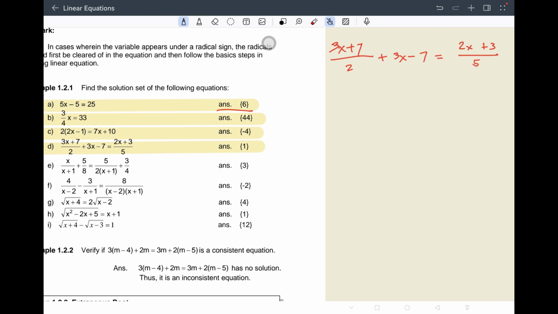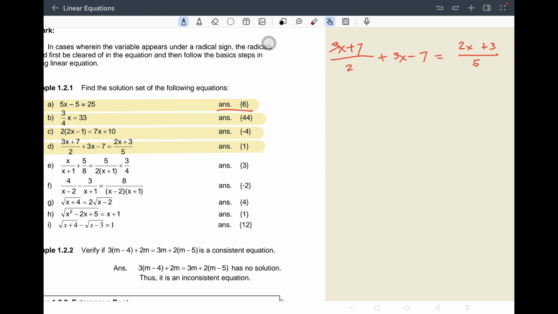So we need first to eliminate the denominators para mas madali nating ma-solve. So we have 2 and 5 as the denominator.